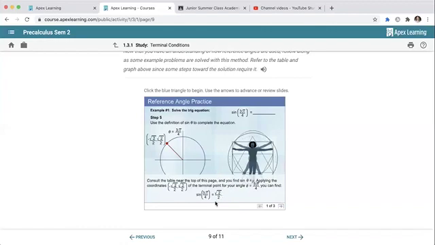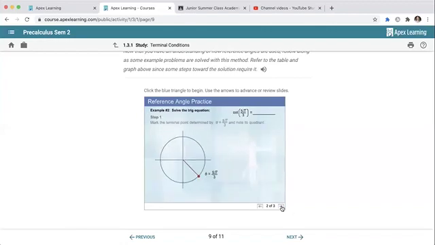I can plug into my calculator square root of 2 divided by 2, and it's going to give me the same value as when I typed in sine of 3 pi over 4. So you can always check yourself, but if it's asking you for the exact answer, or to type in an answer, it's going to ask in this nice, neat form.